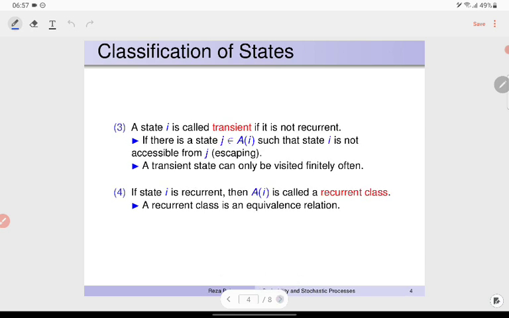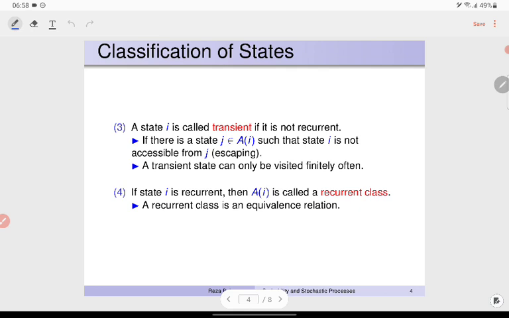That's the second fact. Now the third fact is the opposite of recurrent, which is called transient. A state i is called transient if it is not recurrent. Namely, there is a state j, an element of A(i) and accessible from i, such that state i is not accessible from j.